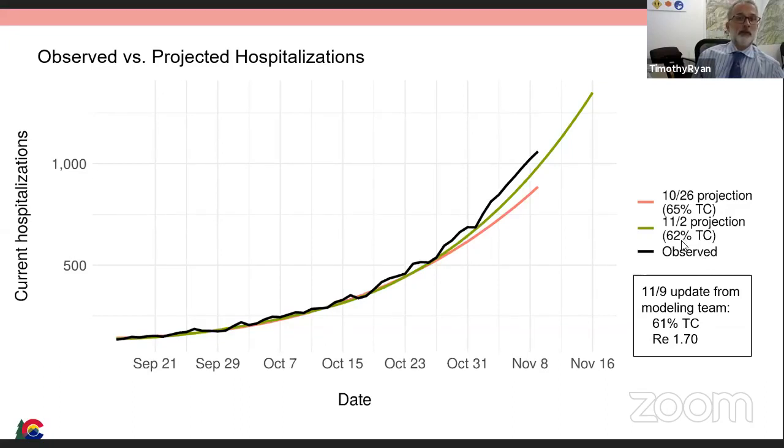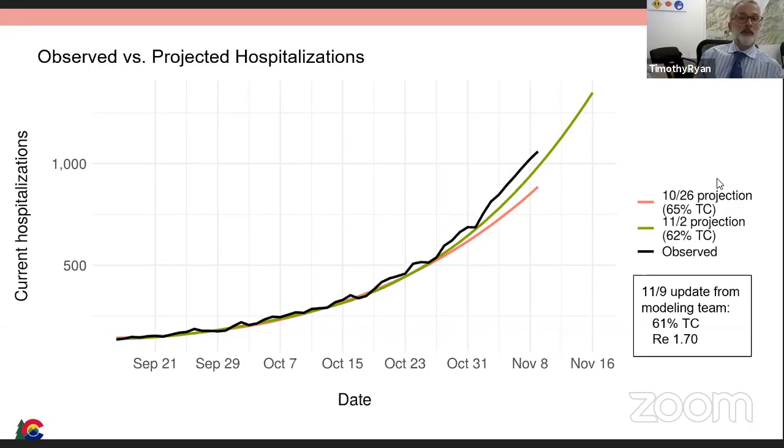The green line was a projection made on November 2nd, based on a 62% transmission control. So our ability to control it was limited to 62%. And based on that model, the green line was the projected number of hospitalizations. And a prior projection was done on October 26th, with a 65% transmission control.